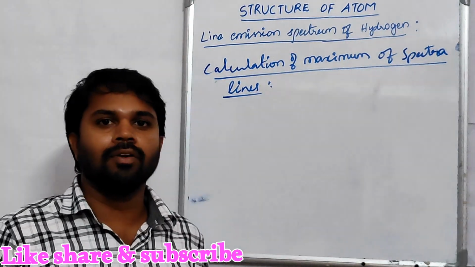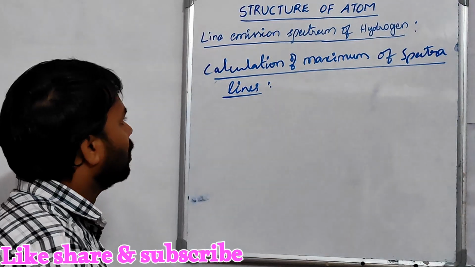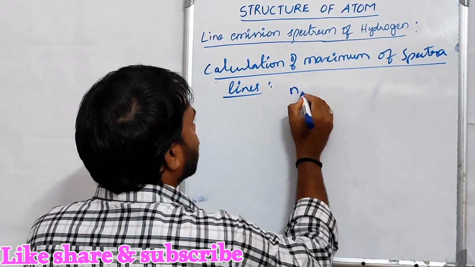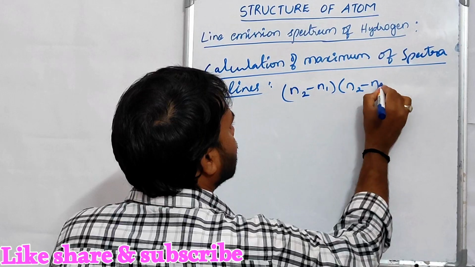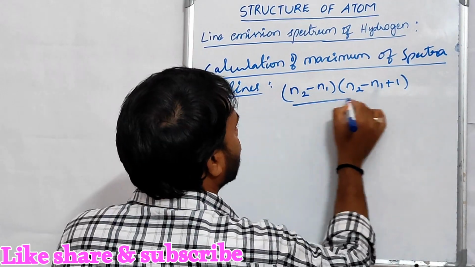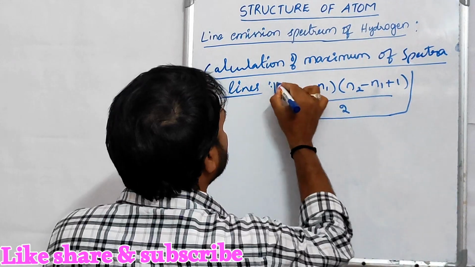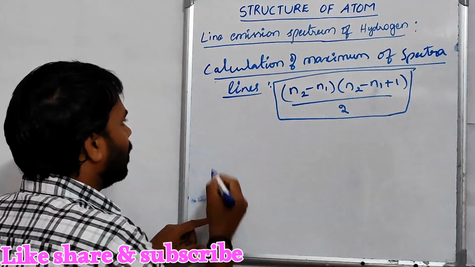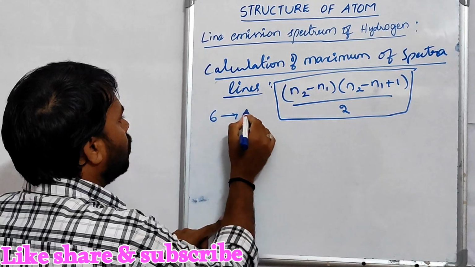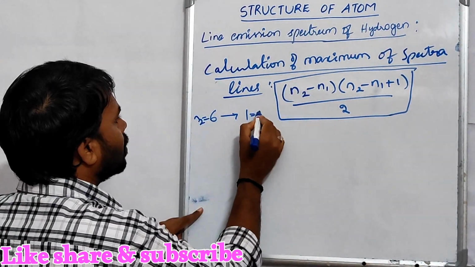Let's see the calculation of the maximum number of spectral lines formed in a spectrum. For that, we have a formula: N2 minus N1 into N2 minus N1 plus 1, divided by 2. For example, an electron makes a transition from higher level 6 to 1. In this, 6 is N2 and 1 is N1.